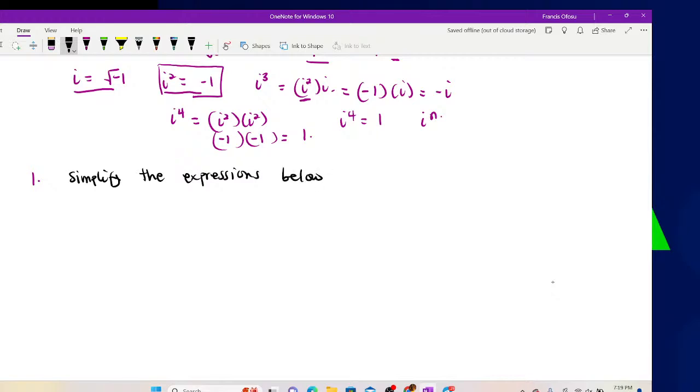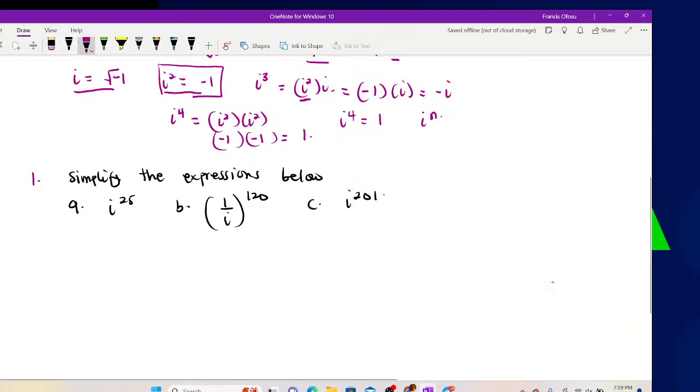A is i to the power 25. B is 1 over i, all to the power, let's say, 120. Then C is i to the power 201. How do we solve this? These are typical problems you can find in the examination.